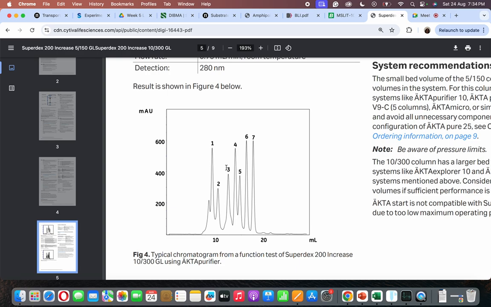So I will already get an idea that my protein should elute maybe around 12-13 ml when I run it in the column. So if it is eluting at that stage, then I know that my column is working fine. If I'm getting some different elution volume, that means that something's off with my column or with my protein. So that's something I need to look into.